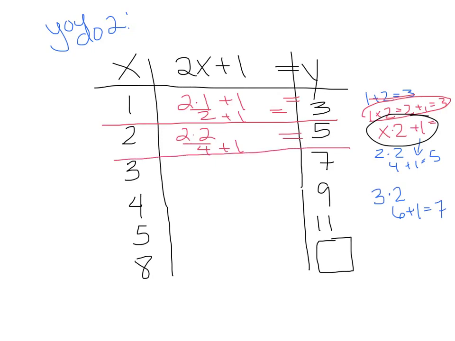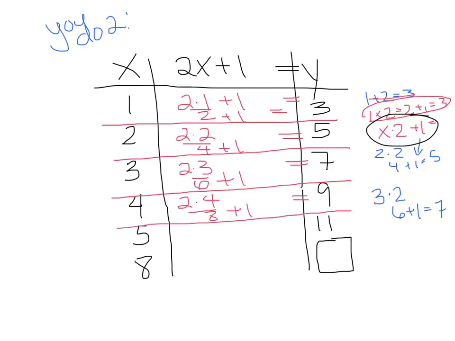Then if x equals 3, we have 2 times 3, which is 6, plus 1 equals 7. If x is 4, then we have 2 times 4, which is 8, plus 1 equals 9. It's working. 2 times 5, which is 10, plus 1 equals 11.